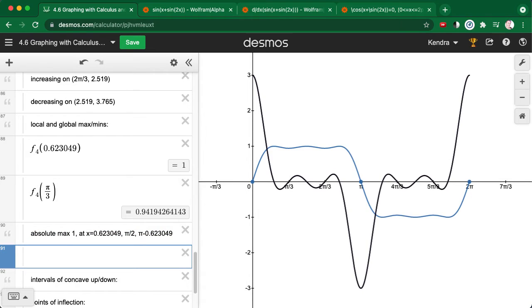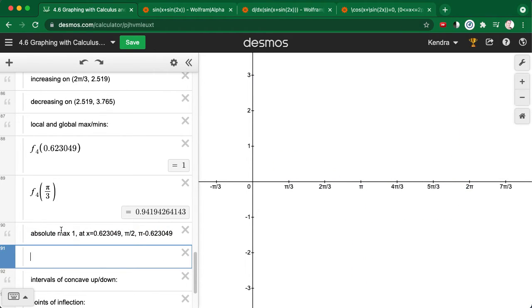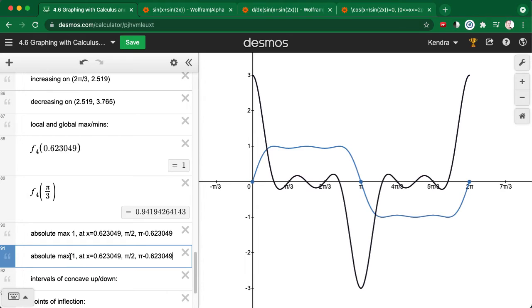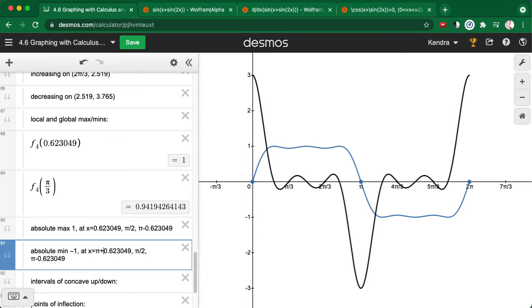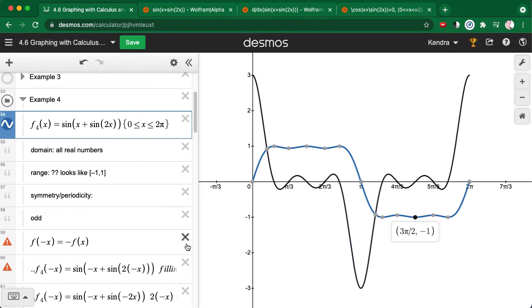And my absolute minimum is going to be -1, which is going to happen at x equals pi plus that number. And then this is going to be 3 pi over 2, right? 3 pi over 2.